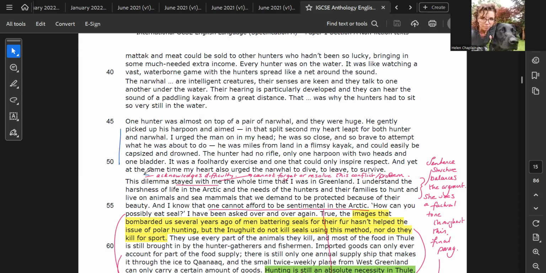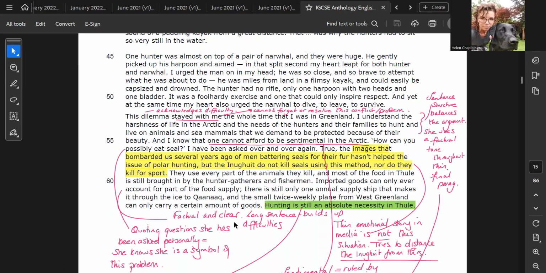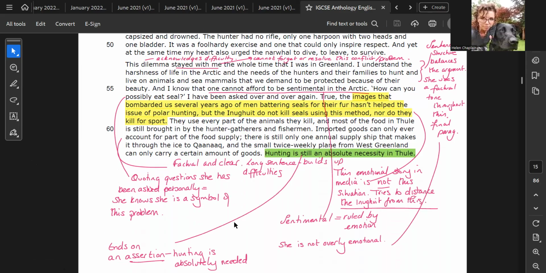She acknowledges the difficulty. So this dilemma stayed with me. She can't forget or resolve it. This is a big, big thing about the community, right? And she talks then about the wider perception of this in the outside world, because this is also a big issue, this section in yellow.